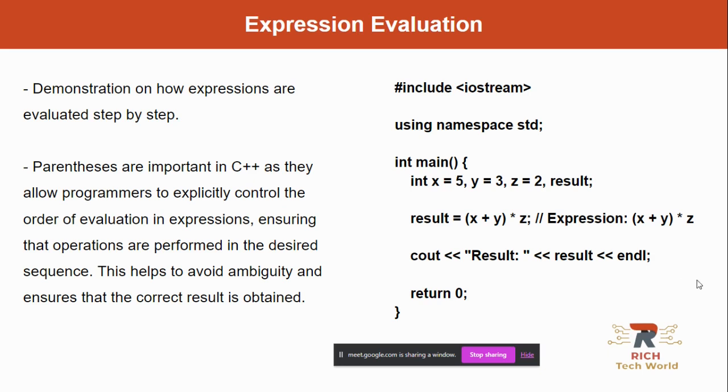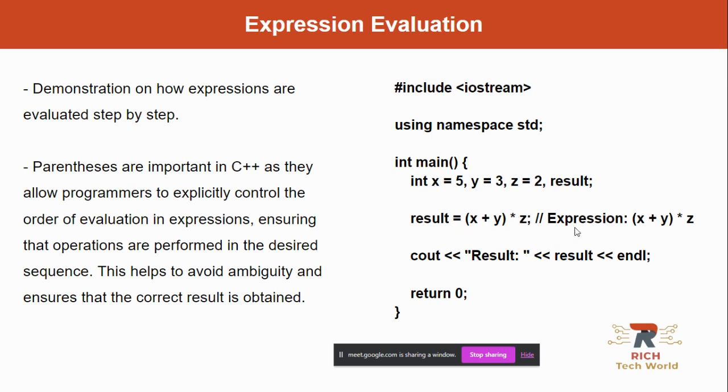So what you see here is result equals the open and close bracket x plus y multiplied with z. This is the only thing the compiler is going to see.